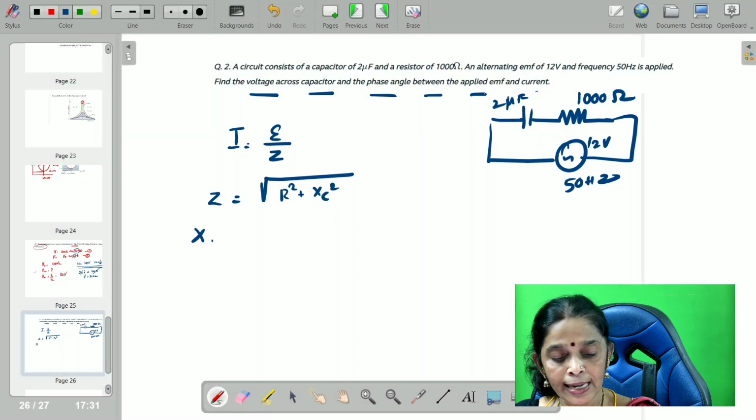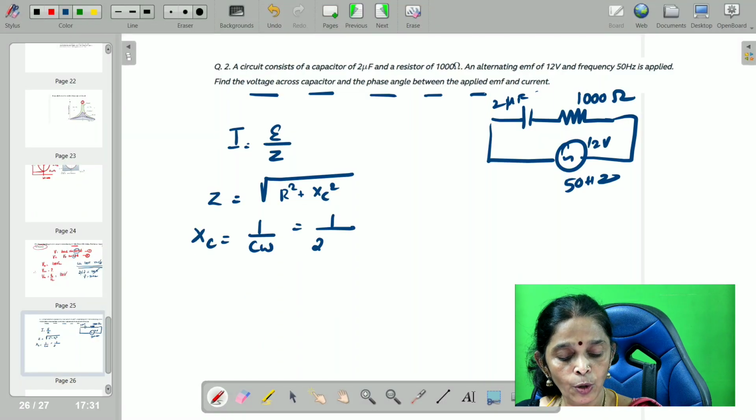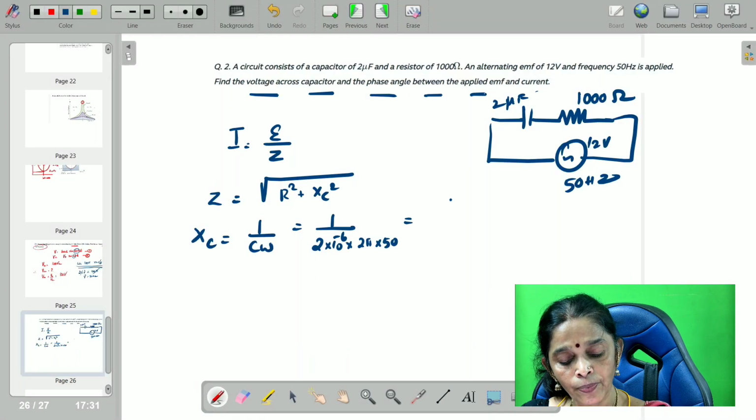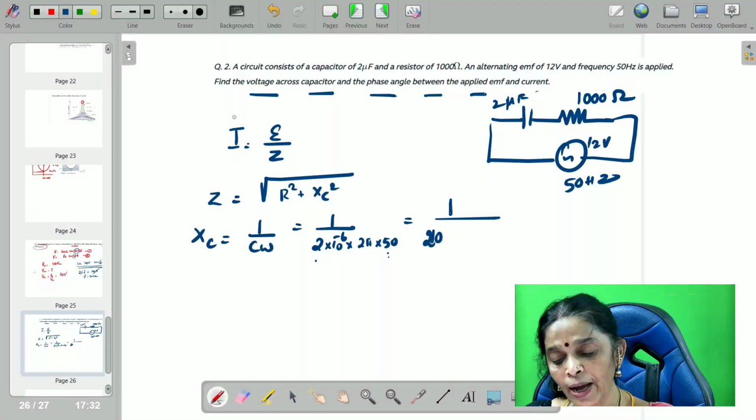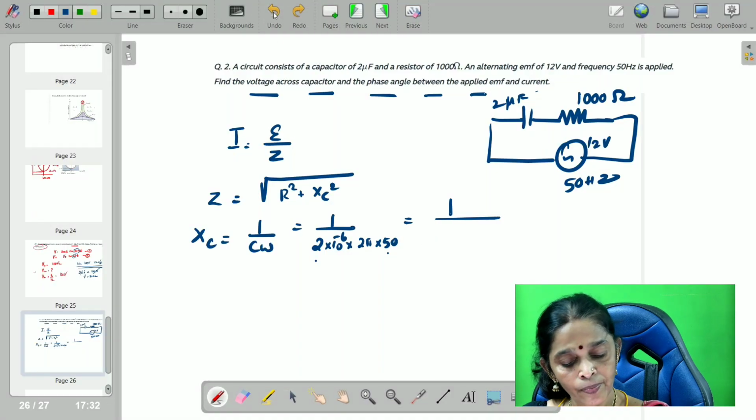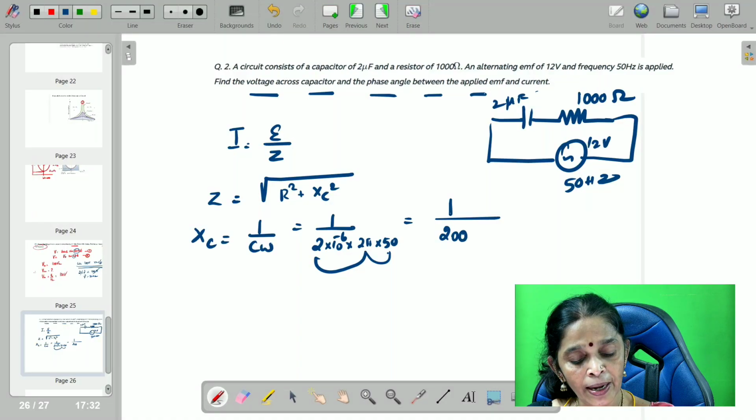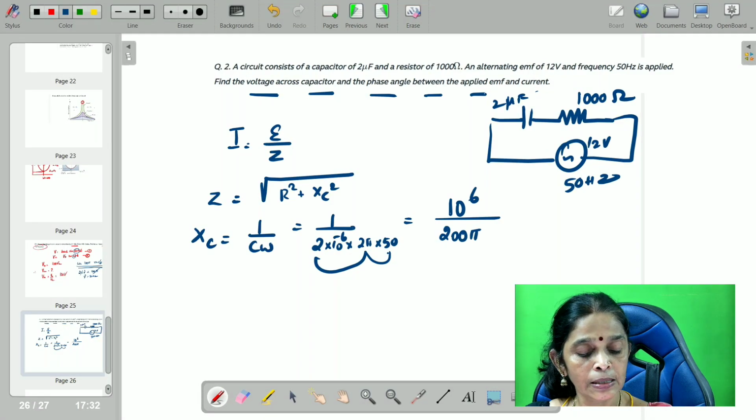But what is XC? XC is equal to 1 by C omega, that is equal to 1 by 2 into 10 power minus 6. Omega is 2 pi into nu, 50. So that is equal to 1 by 50 into 200. 100 into 2, 200. So 200 pi into 10 power plus 6.